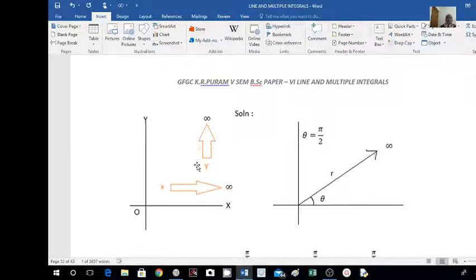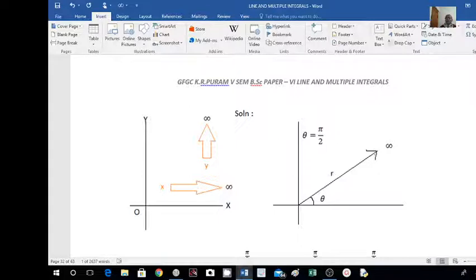Now if I convert this in terms of polar coordinates, here we take P(x, y) as a point, and here we take the point P(r, theta). So r is from the origin to that point. Since I am considering the whole first quadrant, the positive quadrant, r ranges from 0 to infinity.